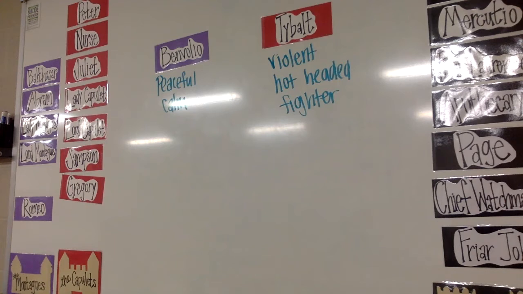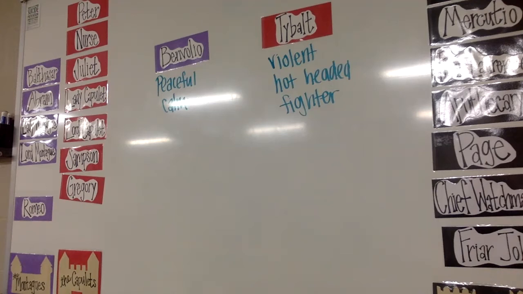Madam, an hour before the worshipped sun peered forth the golden window of the east, a troubled mind drave me to walk abroad, where, underneath the grove of sycamore that westward rooteth from the city's side, so early walking did I see your son. Towards him I made, but he was ware of me, and stole into the covert of the wood. I, measuring his affections by my own, which then most sought where most might not be found, being one too many by my weary self, pursued my humor, not pursuing his, and gladly shunned who gladly fled from me.